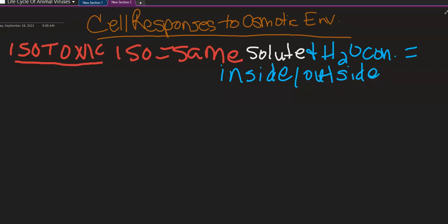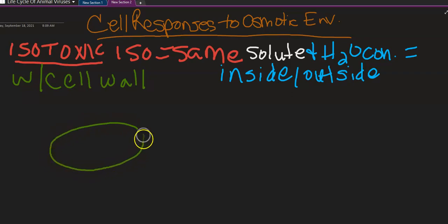So a solute is going to be those dissolved substances, okay? So let's draw our cell here. This is going to be with a cell wall. So like I said, many bacteria will have a cell wall. And so this is going to be our cell with the cell wall. This is our cell membrane.